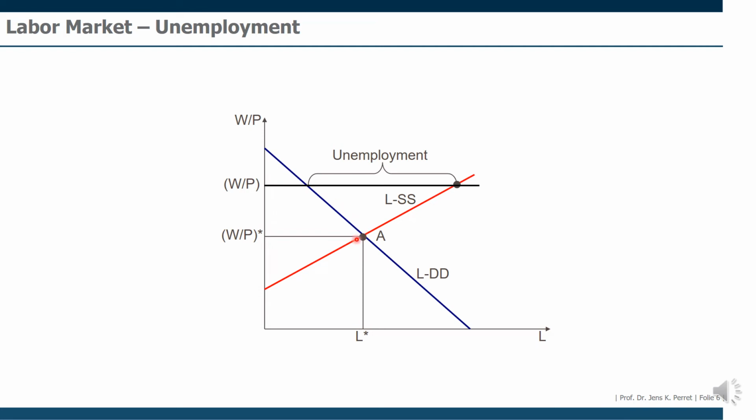I just earlier said here in the situation of full employment, we would still have unemployment, but voluntary unemployment. This unemployment here would be involuntary. People want to work, but companies do not want to employ as many people due to the higher labor costs. So for this wage, more people want to work than are actually asked for.